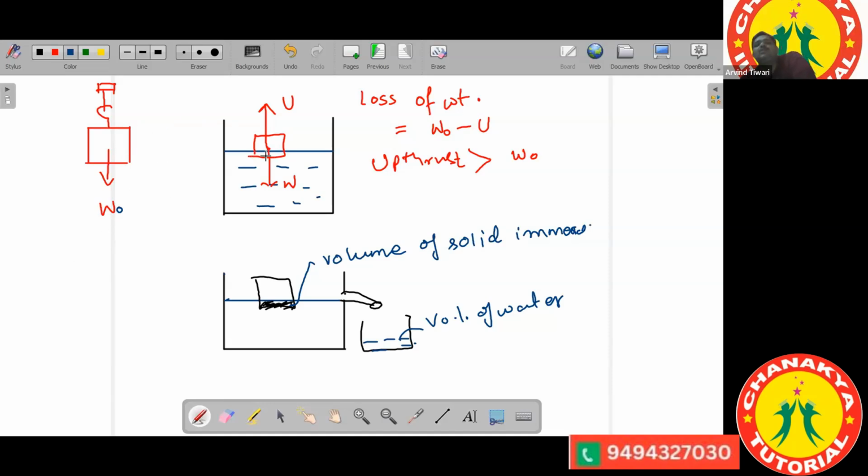Then we dip this block in water, and again we weigh it. Let us say now its weight is W. Okay, so it's the loss of weight. We can also write the loss of weight as W naught minus W.